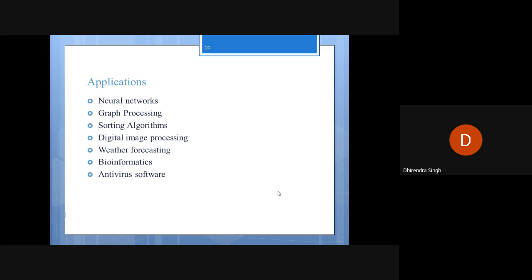So GPU computing for implementing parallel sorting algorithms is very efficient.